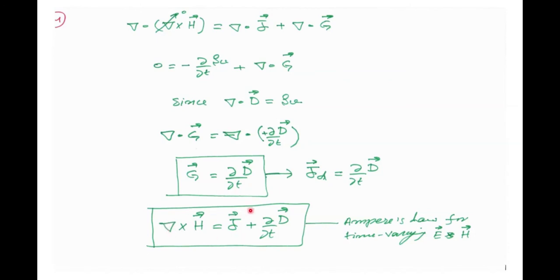So this is the representation of Ampere's law for time varying field, where J contains the applied current density, the convection current density, and the conduction current density, and partial by partial t of D represents the displacement current density, and its unit is ampere per square meter. Now Ampere's law in this form is consistent with the law of conservation of charge, or the continuity relation.